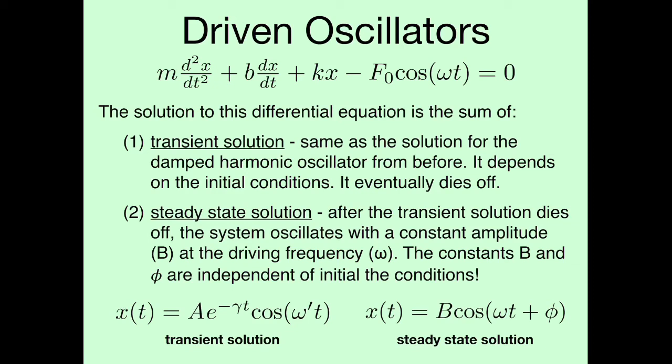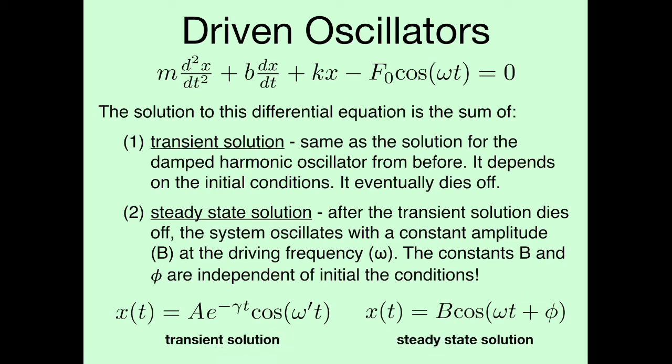The other part is called the steady state solution. After the transient solution dies off, the system is going to be oscillating with a constant amplitude, which we'll call B, and it's going to be oscillating at the driving frequency, omega. In other words, whatever frequency you're driving the system with, that's the frequency it's going to be oscillating at after you let the transient solution die off. The constants B and phi that you see in this equation are independent of the initial conditions.